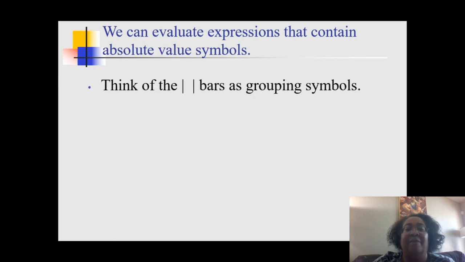Remember, these vertical bars going up and down, they are grouping symbols. Think of them as like parentheses, something that you need to go to and take care of right away. And remember what absolute value means, how far from zero. So you'll evaluate whatever is inside of it.